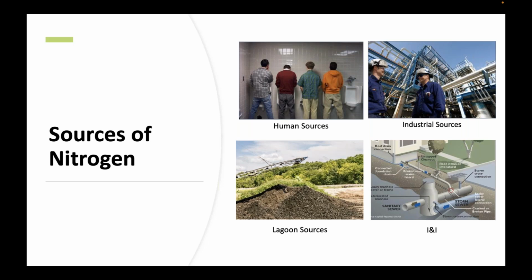Final source is the lagoon itself. Lagoons are kind of a nutrient sink in a lot of ways. We're settling solids, right? Those solids will accumulate over time, and those solids can have phosphorus and nitrogen in them. We also grow algae, so the phosphorus and nitrogen coming into the plant and what's in the solids will fuel an algae bloom. Some of that algae will flow out of the system, but some of it remains in the system and dies, right?